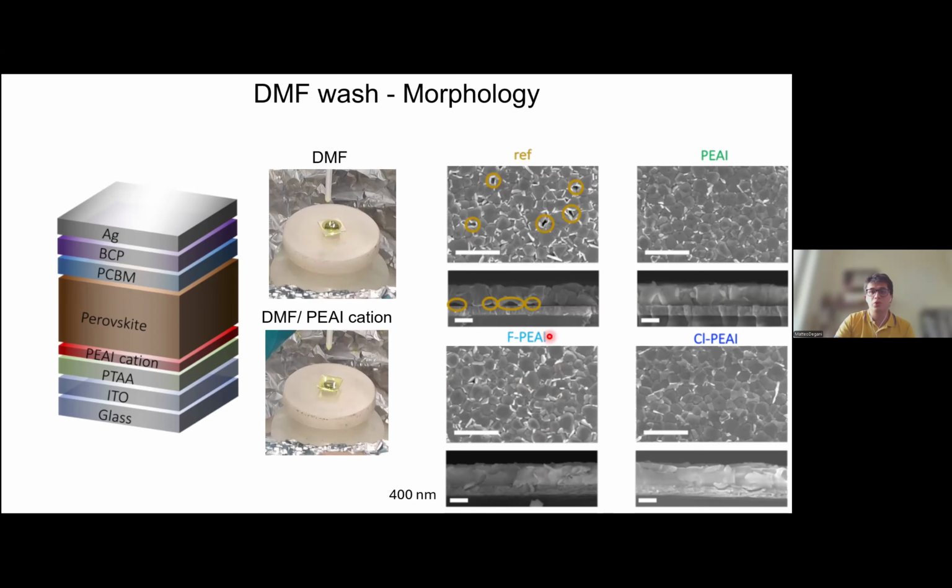And looking from the nanoscale point of view, what we observe is that in the reference cell there are these nanovoids along the interface between the PTAA and the perovskite. And meanwhile, these cations help to stick really nice and well along the PTAA surface.